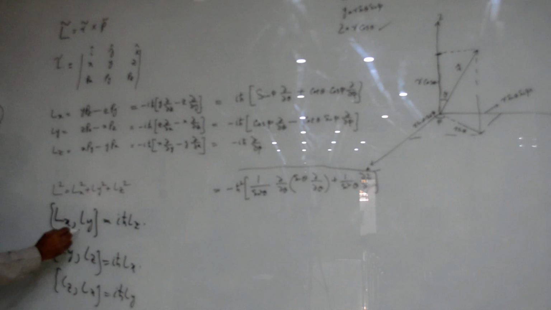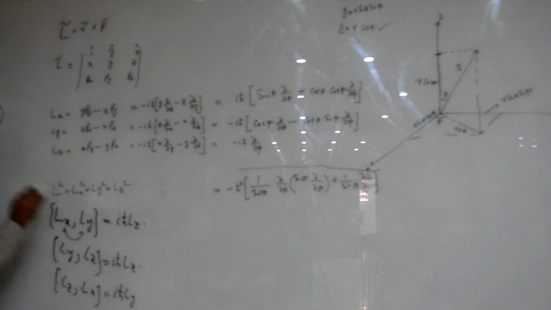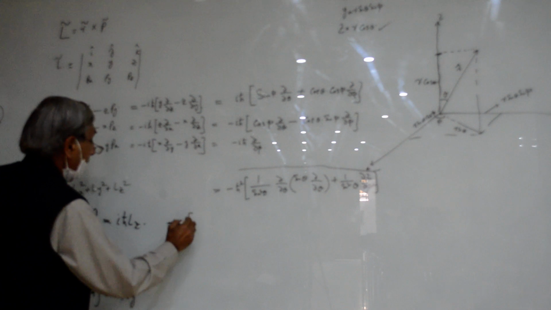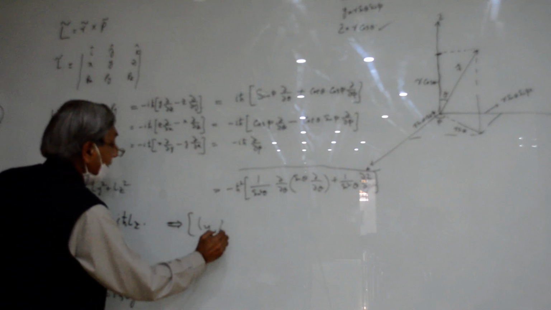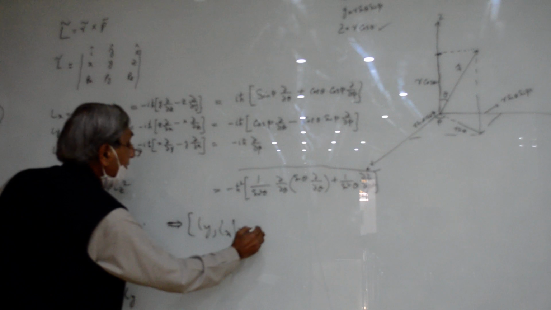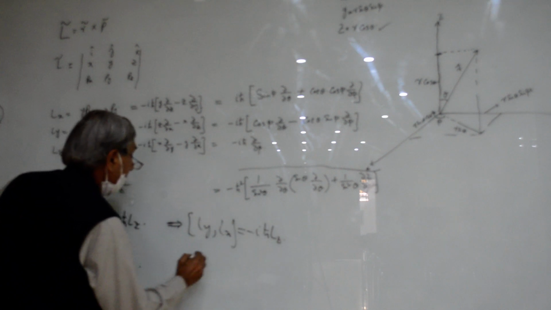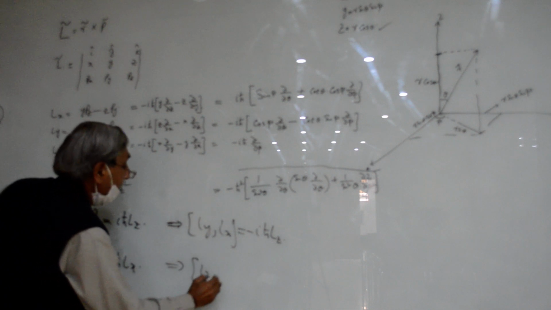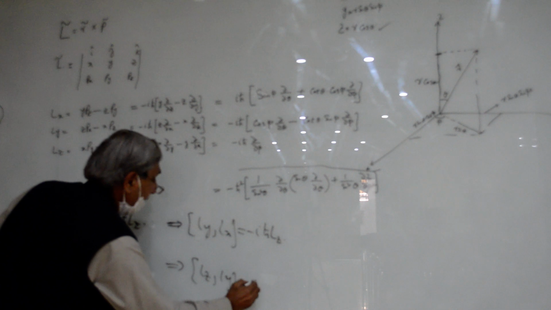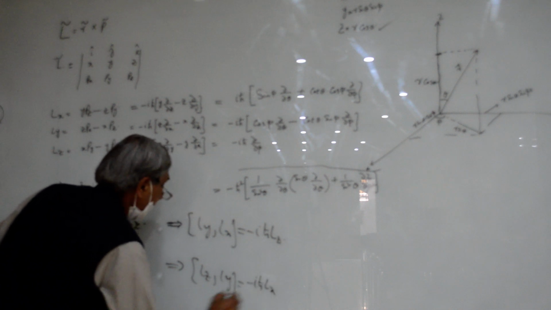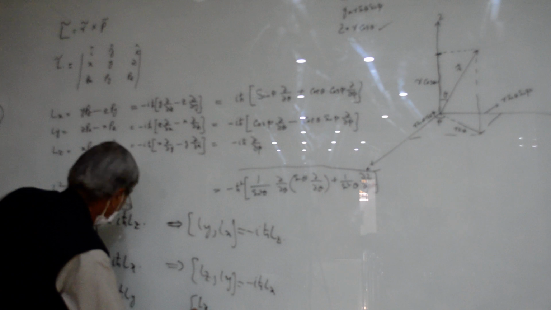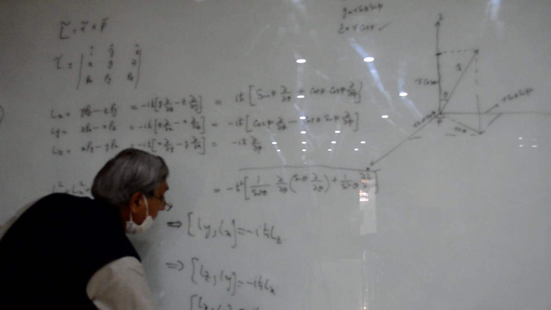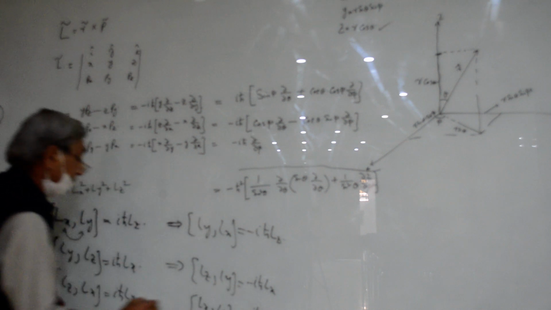Now, if you change the order, what will happen? Ly Lx will be minus i h bar Lz, and here Lz Ly is equal to minus i h bar Lx, and Lx Lz is equal to minus i h bar Ly.